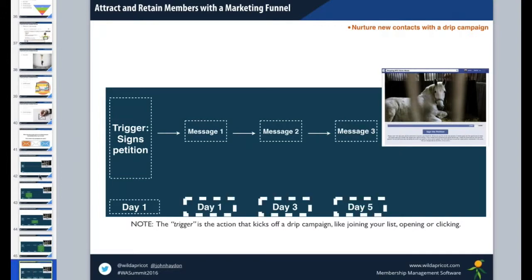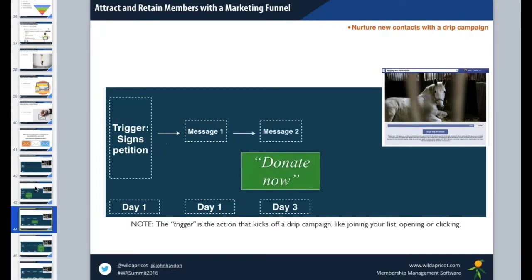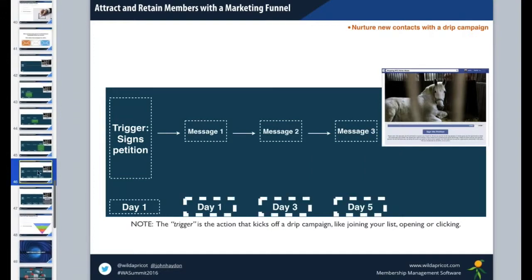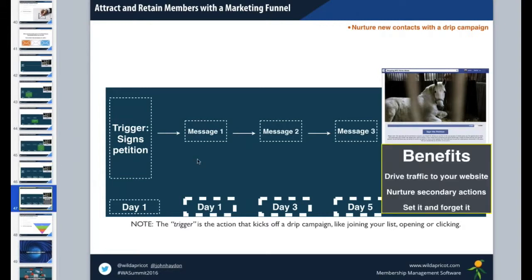Okay, so we write our messages, right? We have to write out each message in the series, always asking ourselves, what is the action that people are most likely to take? Okay, and then we simply schedule these days, and let me just talk about the benefits. So in terms of benefits, you're going to drive a lot more traffic to that landing page, right?